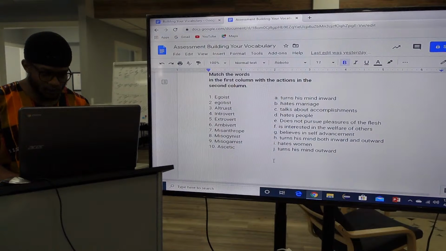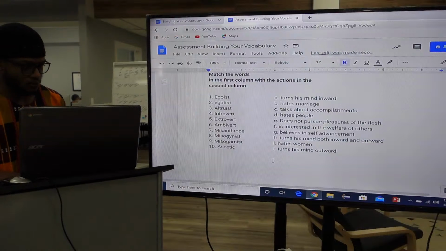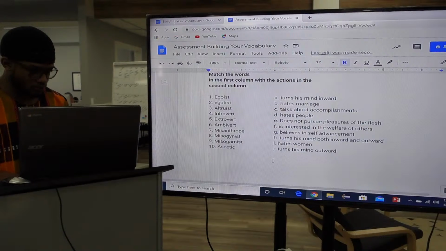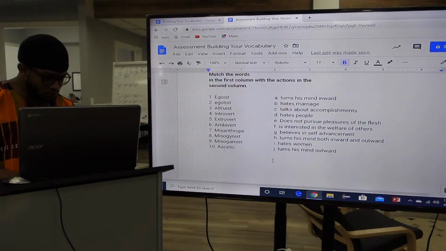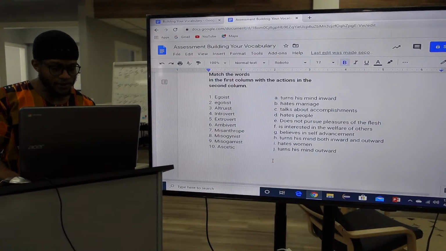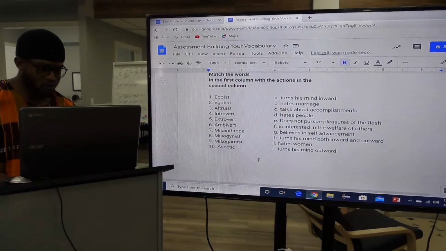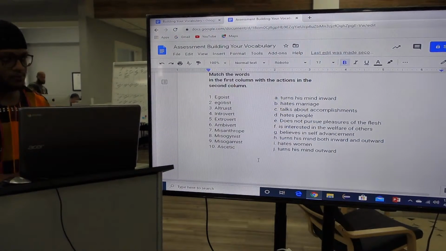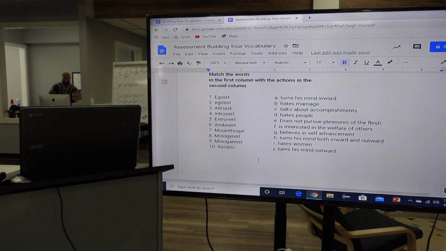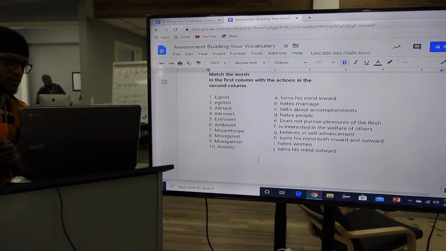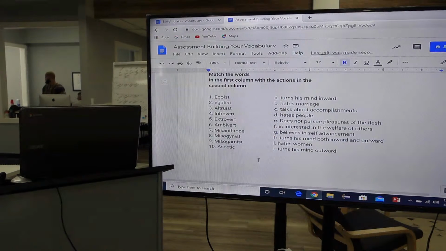So let's move ahead. Okay, so your answers here: number one is G, believes in self-advancement. Number two is C, talks about self-accomplishment. Number three is F, is interested in the welfare of others. Number four is A, turns his mind inward.